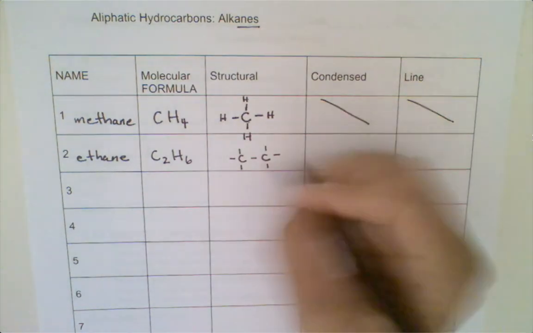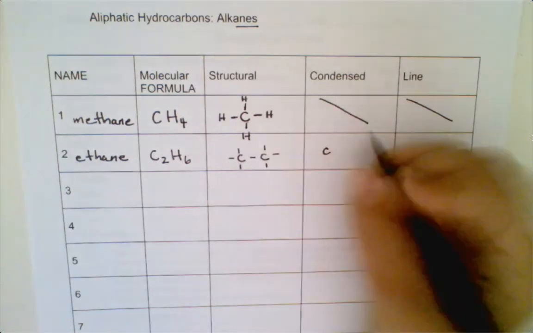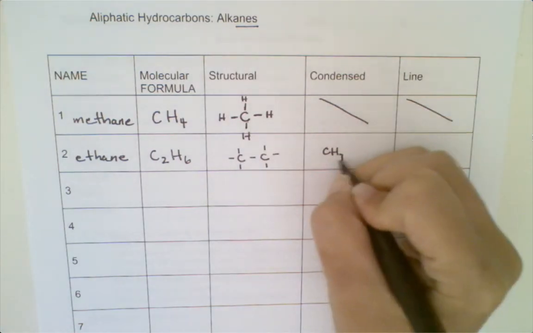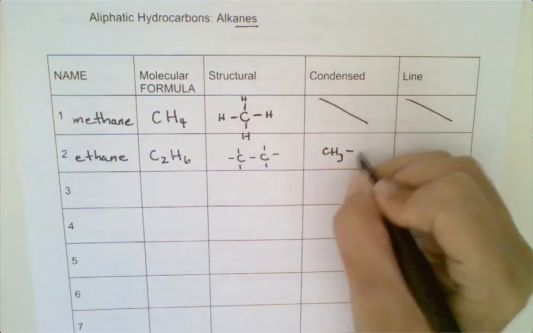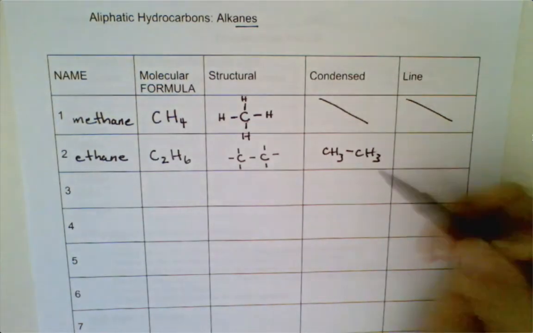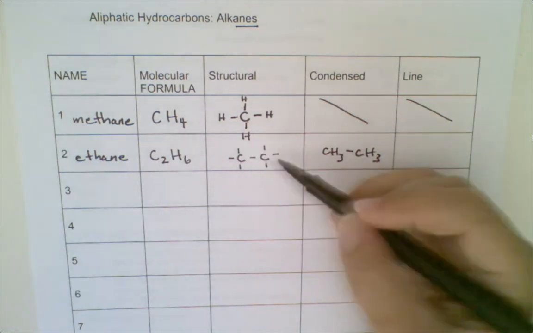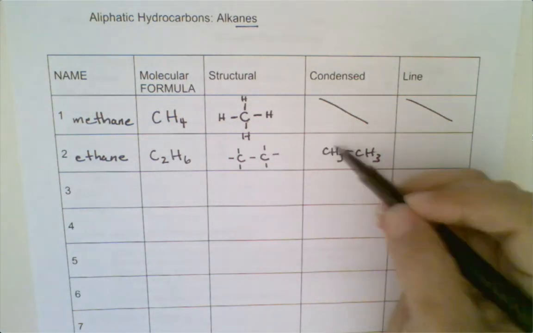The condensed version is what we do is we take a look at this carbon and we see that it has 3 hydrogens. So we write CH3 linked to CH3. Now, this gives a bit of a false illusion that this hydrogen is linked to the carbon, when in fact it's the carbon linked to the carbon with the hydrogens situated around.